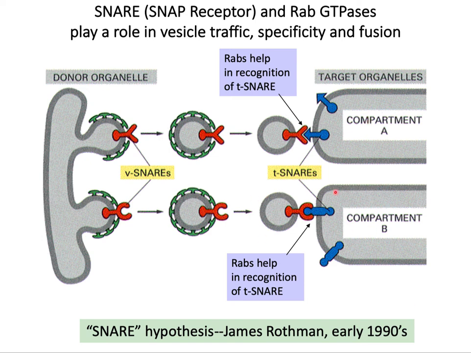What is not shown in this slide about V-SNAREs and T-SNAREs, and we'll look at this a little more closely in a minute, are the Rabs. It is actually the Rab GTPases that also assist in the recognition of the transport vesicle with the appropriate compartment. Now, this whole idea about SNAREs was proposed in the 1990s by James Rothman, and it was known as the SNARE hypothesis.